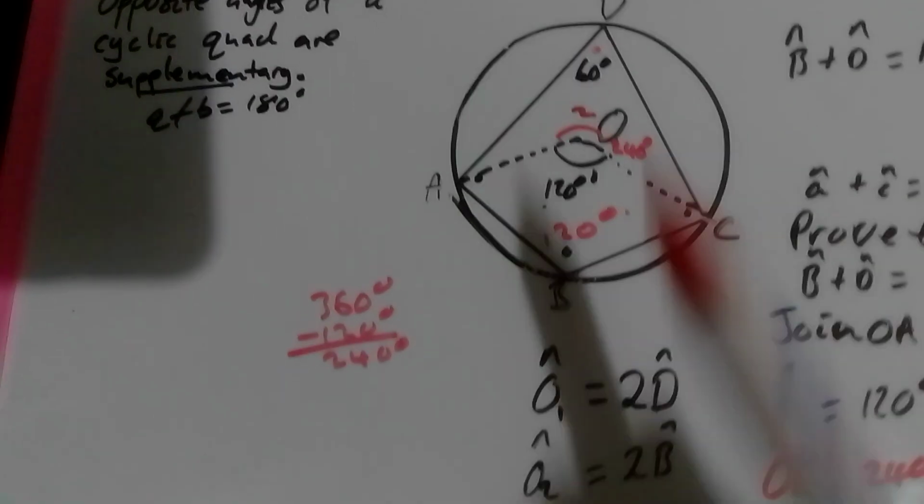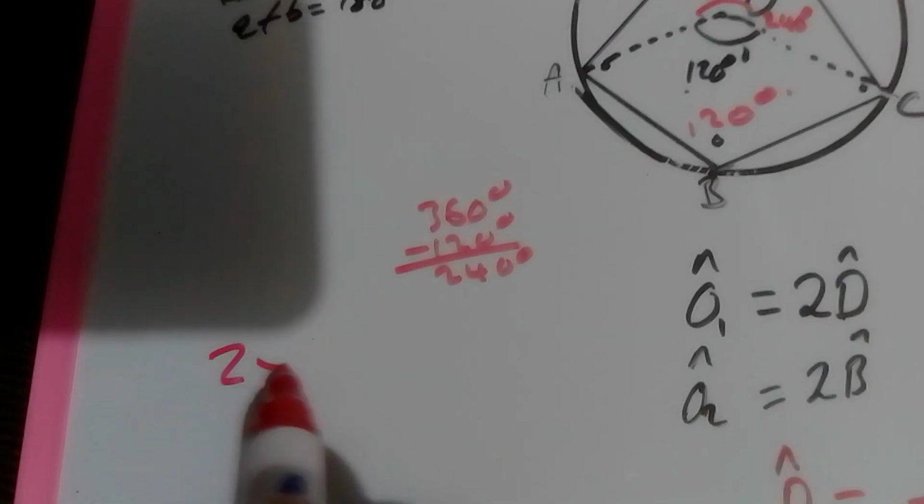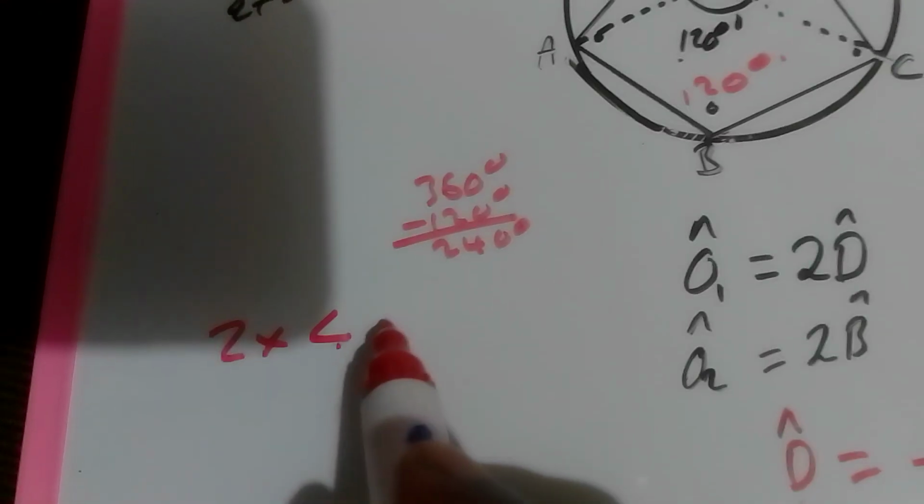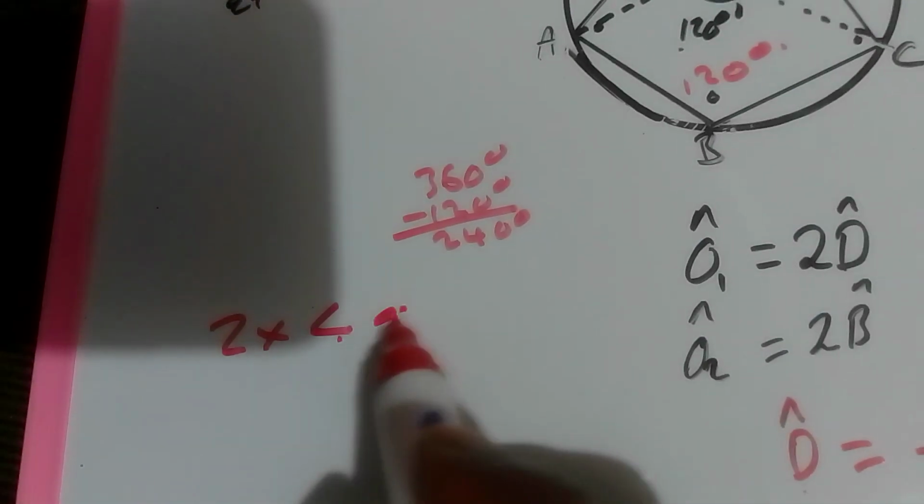But yeah, basically that's your theorem number 5. And that's what happens under theorem number 5. So I will be now saying that 2 times the angle at the center or at the circumference.